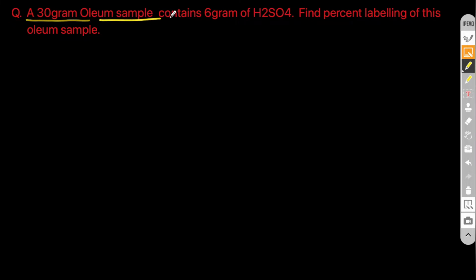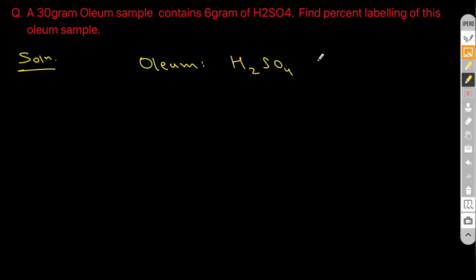Here a 30 gram oleum sample contains 6 gram of H2SO4. Find the percentage labeling of this oleum sample. So first we'll write what oleum is. It is a mixture of H2SO4 and SO3, right? Here we are given the weight of the oleum sample as 30 gram.